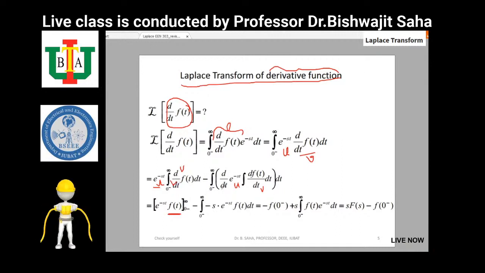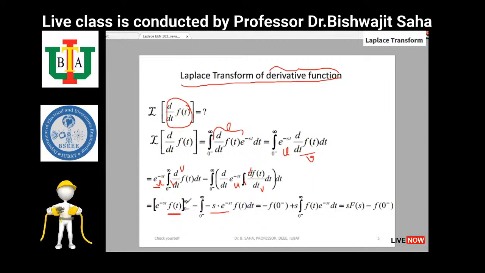In the second part, from 0 minus to infinity, the derivative is minus s into e to the power minus st, and this one becomes f of t dt.